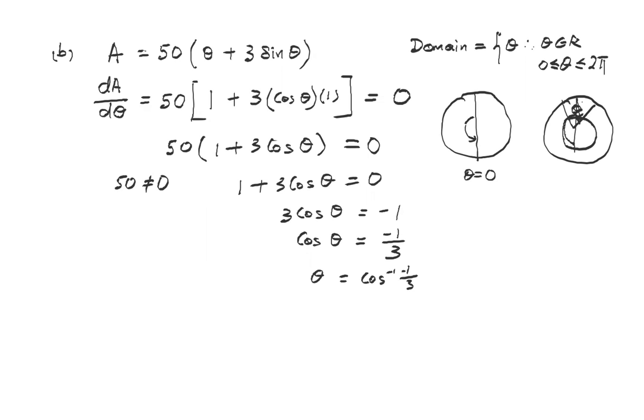Yes, what is cos inverse negative 1/3? What does the calculator give you? Second cos, negative 1 divided by 3. 1.91. Okay, 1.91. They only give you one answer, correct? Yeah, 1.91. So how am I going to get another answer?